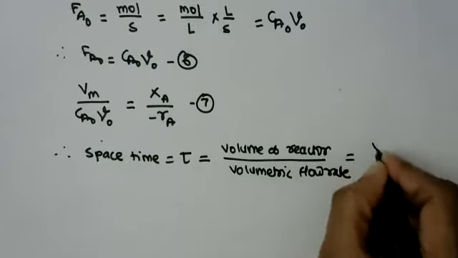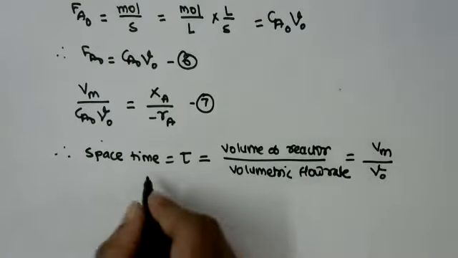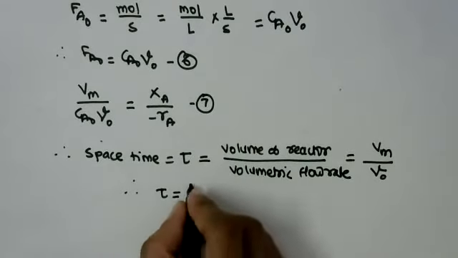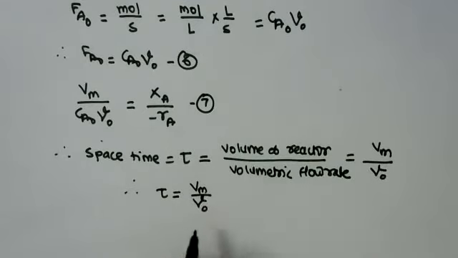Volume of reactor is Vm, volumetric flow rate is V0, and therefore we can replace Vm upon V0 by the variable tau.